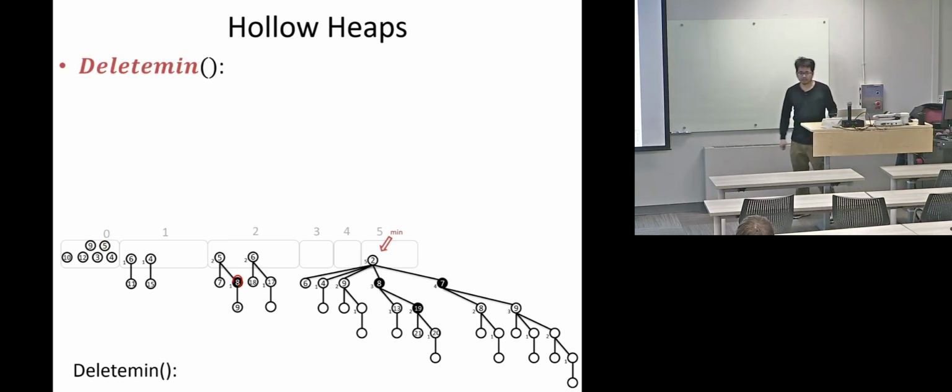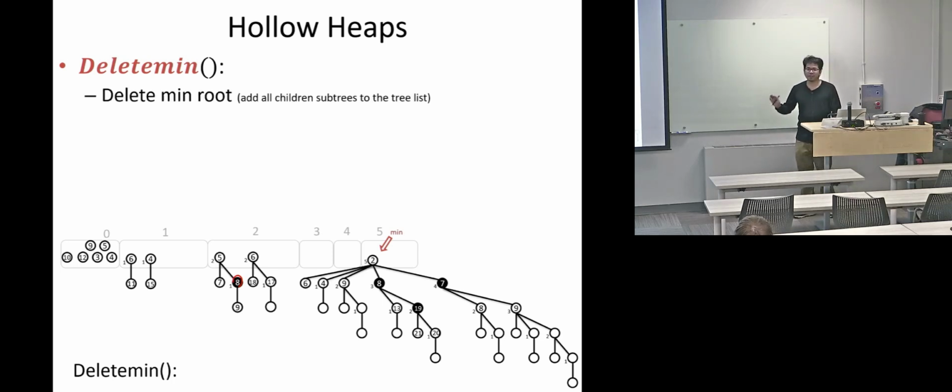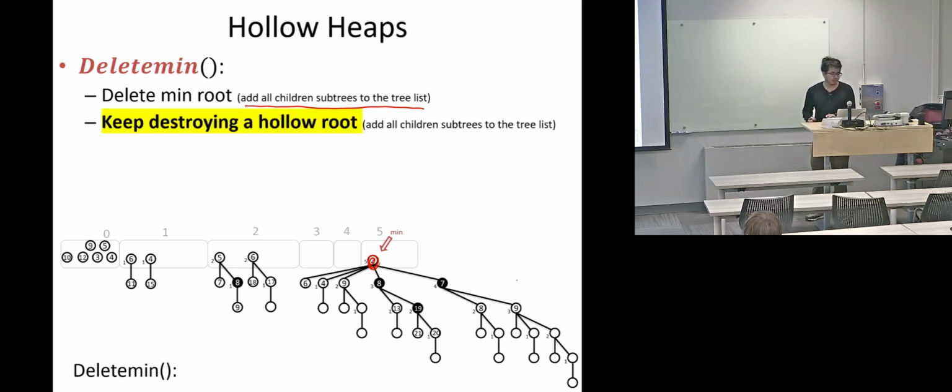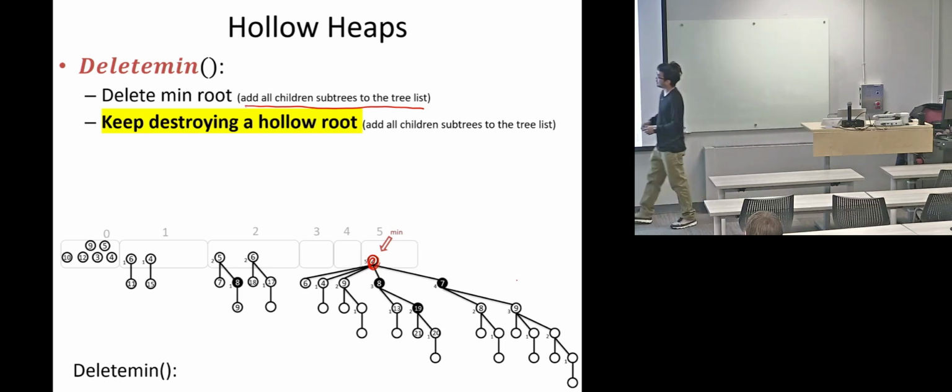Next is delete min. Delete min is going to be similar. First, you delete the min root, the guy that you point to. Delete it and add all the children to the tree list. But the new thing is that next you keep destroying the root that is hollow.